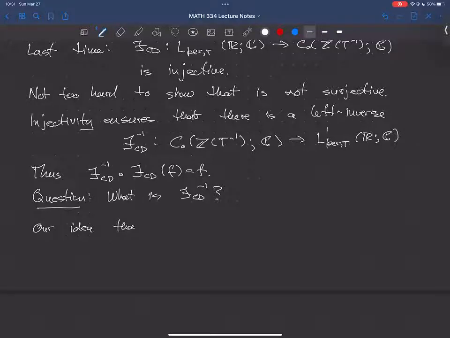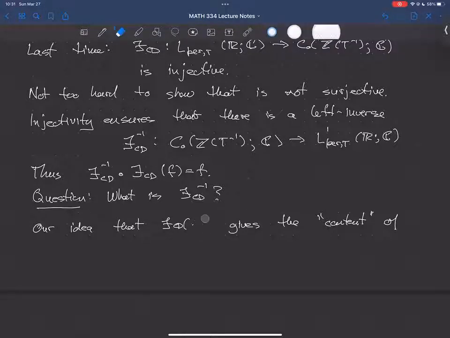Our idea was that FCD of f at n over t gives the content of f at the frequency n over t.